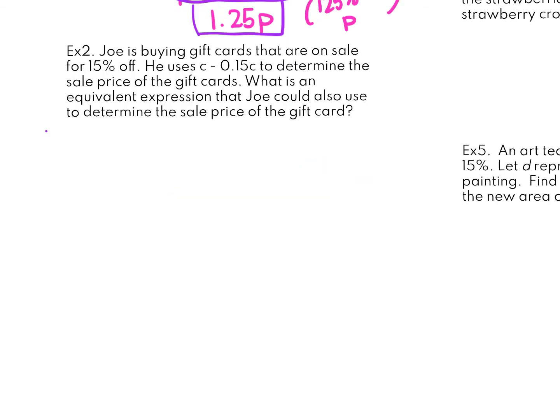Example number 2. Joe here is buying gift cards that are on sale for 15% off. He uses c minus 0.15c to determine the sale price of the gift cards. What is an equivalent expression that Joe could also use to determine the sale price of the gift card? So I just want to draw and show you how Joe got this, right?